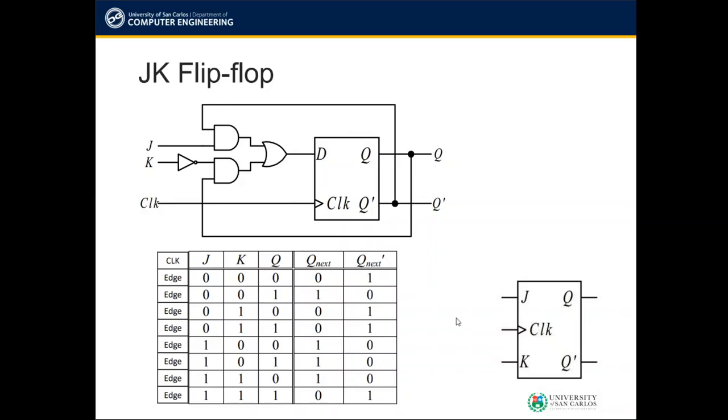What it means is that you can create an SR equivalent flip-flop and a T equivalent flip-flop using a JK flip-flop. All of those discussions will be discussed in the next lecture. But for now, I am discussing what the characteristics of your flip-flops are.